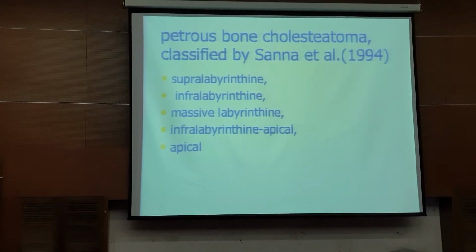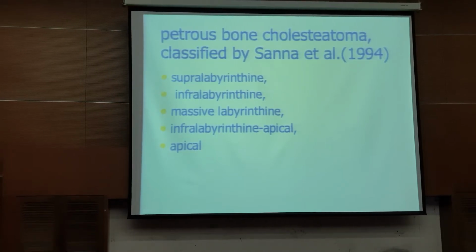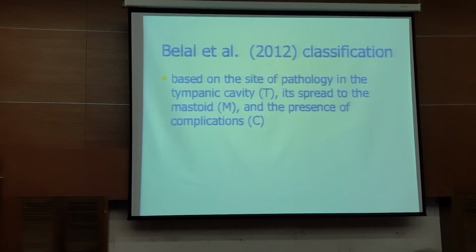Professor Sanna is from Italy, so Dr. Raja Ahmad had 1 year with him, and they classified the cholesteatoma at the petrous bone. So it can be either supralabyrinthine, infralabyrinthine, massive labyrinthine, or infralabyrinthine apical. So in this case, it's not used because it's not common to have only the petrous bone cholesteatoma.